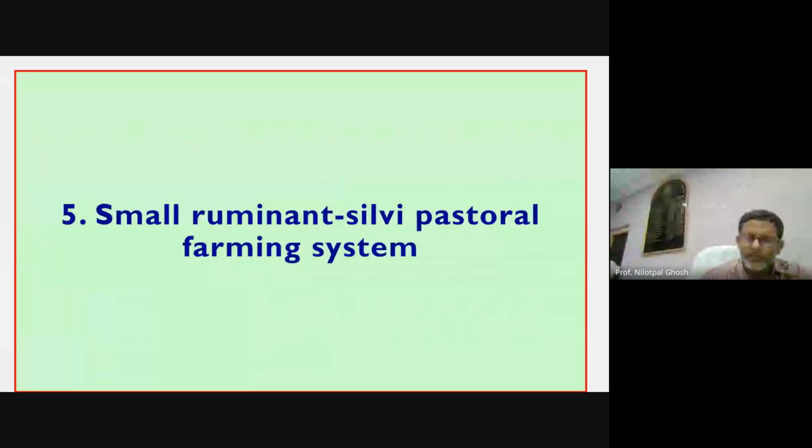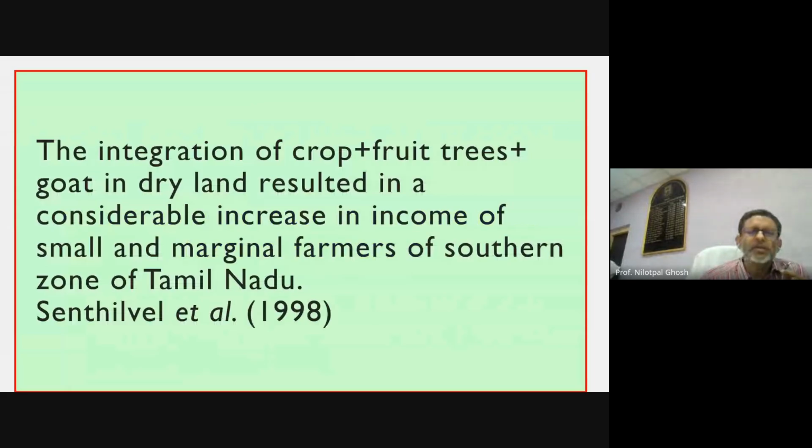And small ruminant means sheep, goat, and the silvi pastoral farming system, that is the forest system. The integration of crop, fruit tree, goat. Goat is an important component in the fringes of the forest, and in dry land resulted in a considerable increase in income of small and marginal farmers in southern zone of Tamil Nadu.